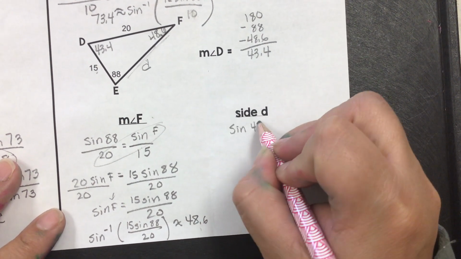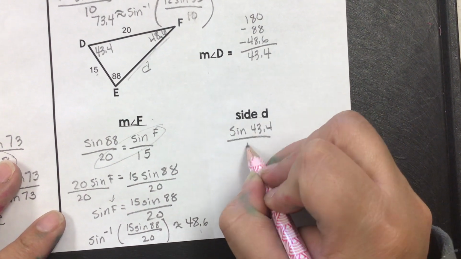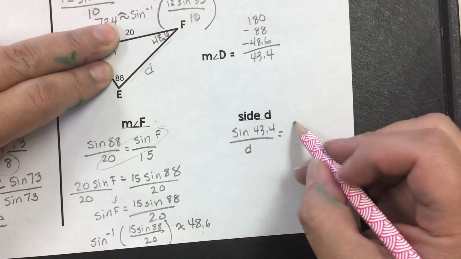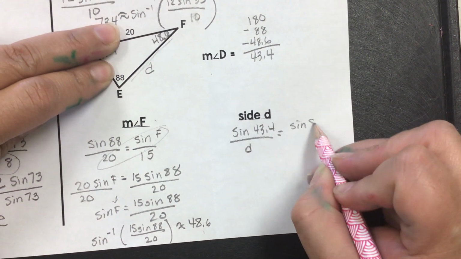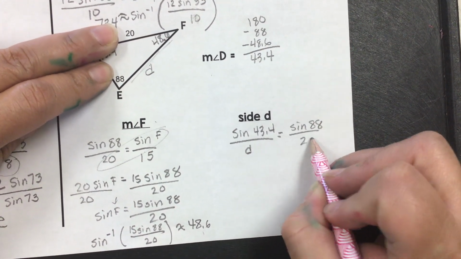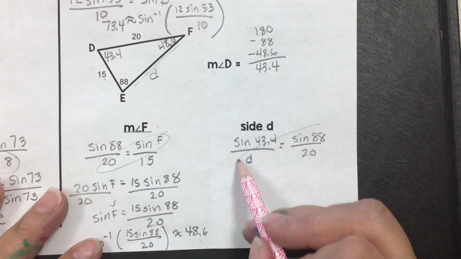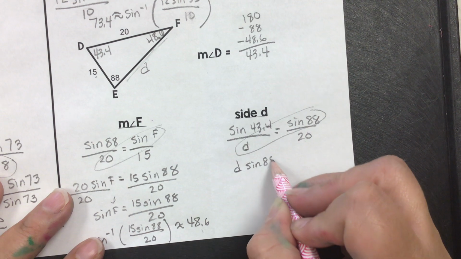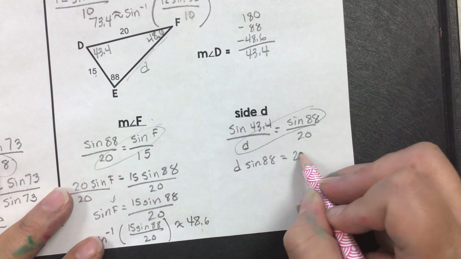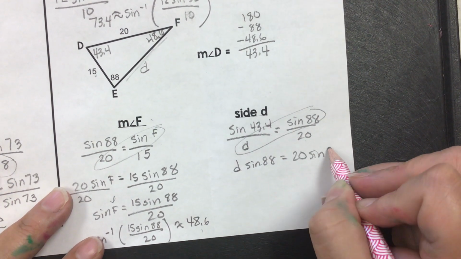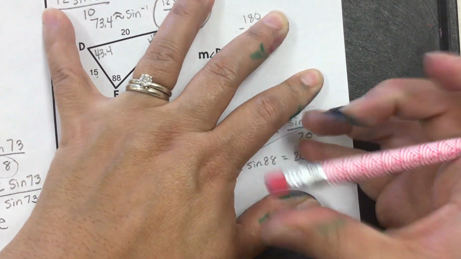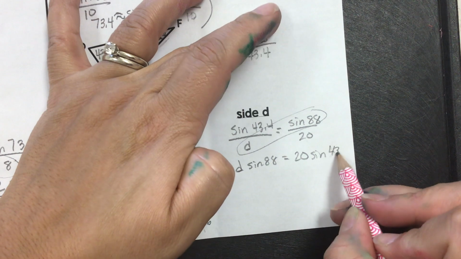Sine of 43.4 divided by D is equal to, I'm going to keep using E, sine of 88 divided by 20. Cross multiply. D sine of 88 is equal to 20 sine of 43.4.